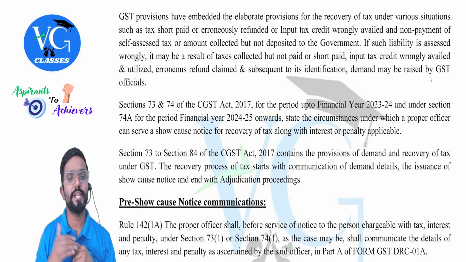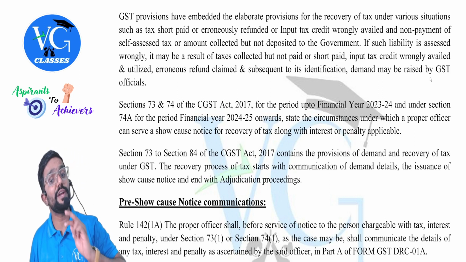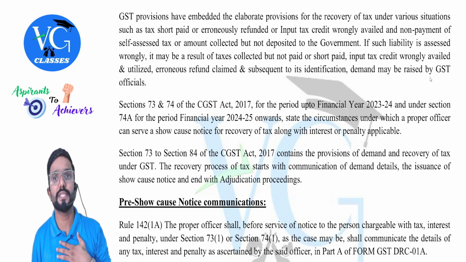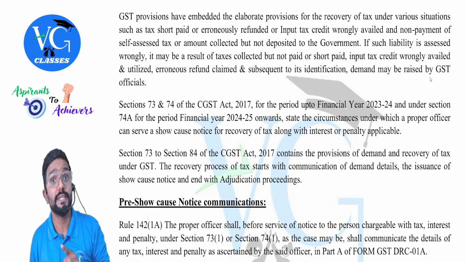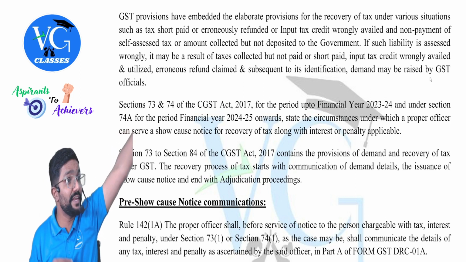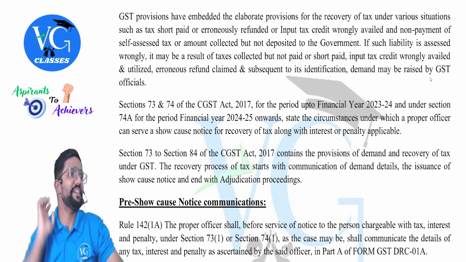Section 73 and 74 of the CGST Act 2017 apply for periods up to financial year 23-24, and section 74A applies for financial year 24-25 and onwards. As on today, which section, sir? 74A. But if I have committed any mistake or fraud in the past, can they give notice even today? Yes. But under which section? 73 or 74.